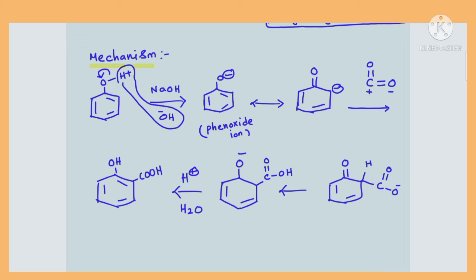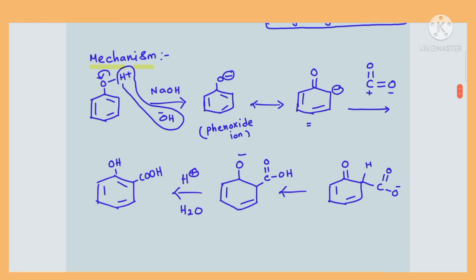This phenoxide anion has resonance structures, like this. The oxygen atom being electron rich, these electrons move between the oxygen and carbon, while the pi electrons inside the benzene ring move to this carbon atom.